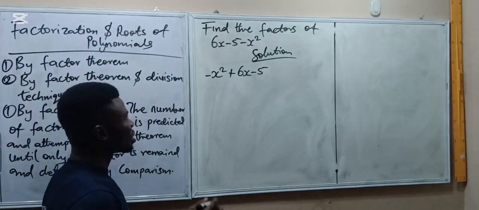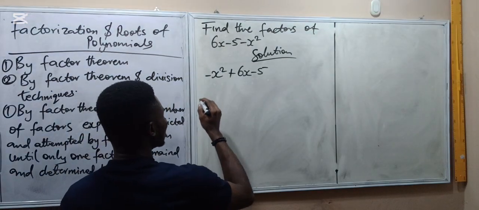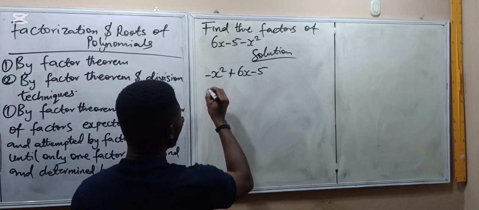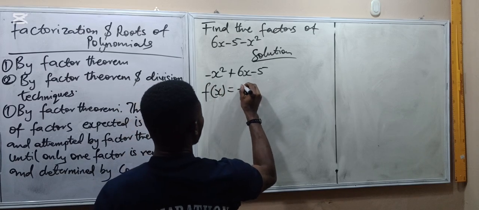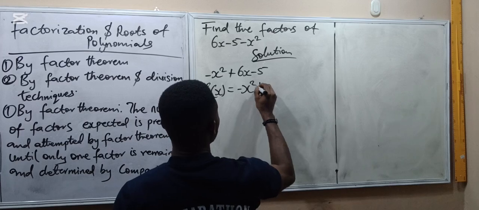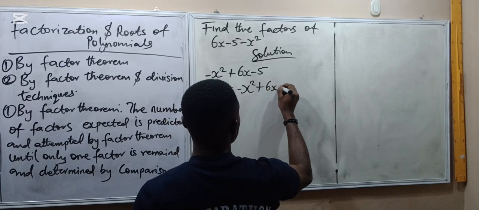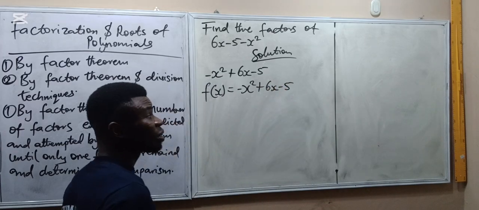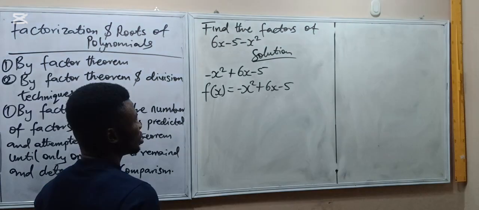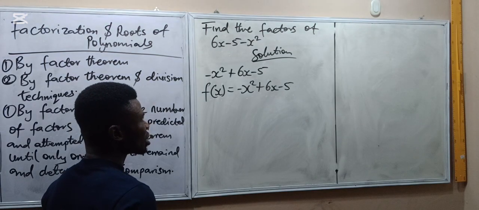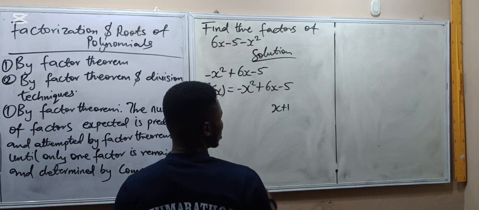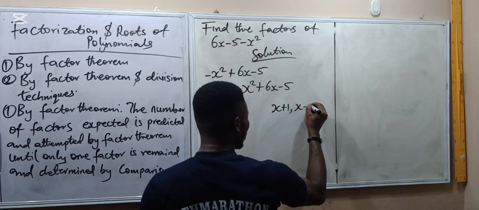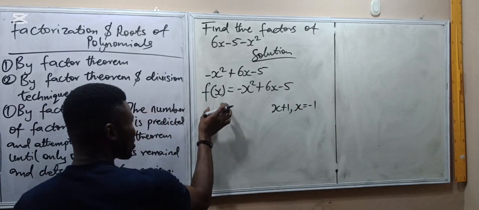Now, let's start with minus 1. This means that f of x is equal to minus x squared plus 6x minus 5, and we are looking for two factors. Let's assume that x plus 1 is one of them. That means x is equal to minus 1, so let's substitute minus 1 first.